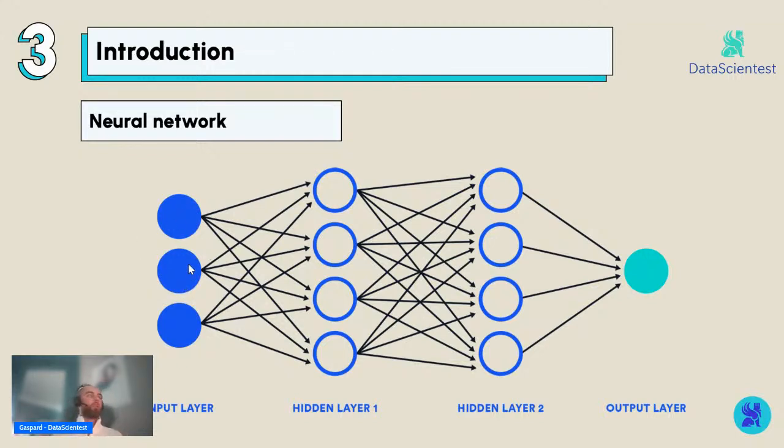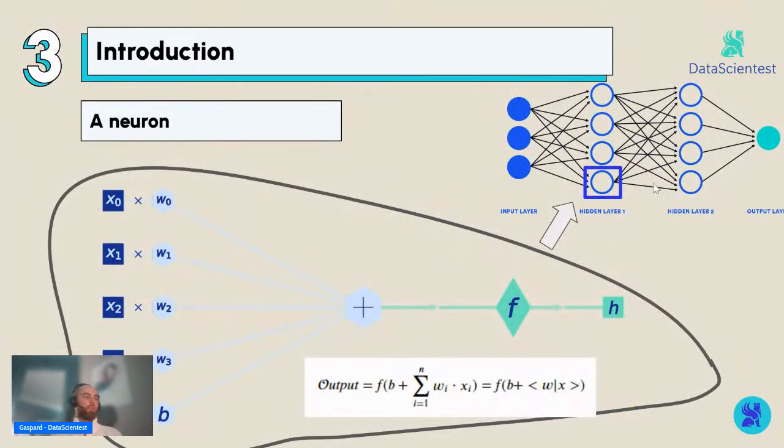I'm going to go directly to the next slide, but for each layer you will have a product between your input and the values of the layer, what we call the weights of the neurons in each layer.